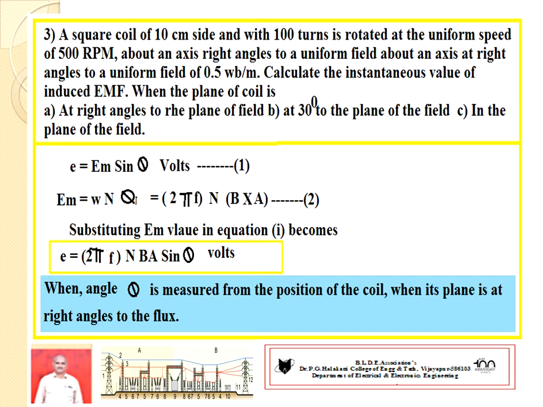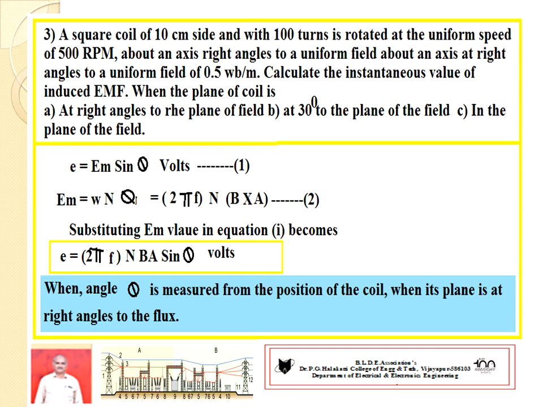The next equation becomes: you replace all these values of Em here. So finally, e becomes 2 pi f N B A sin theta, because these data are given: the area of the coil, the flux density, and the frequency. Therefore, I have to modify the same equation 1.